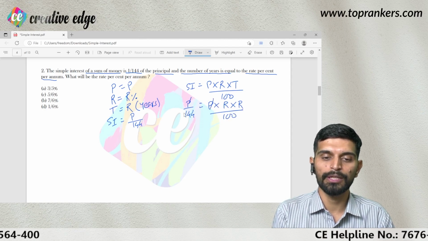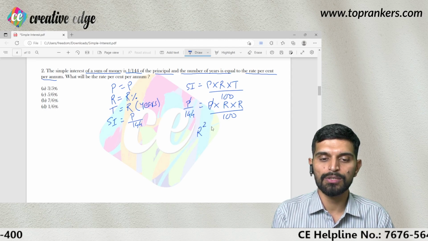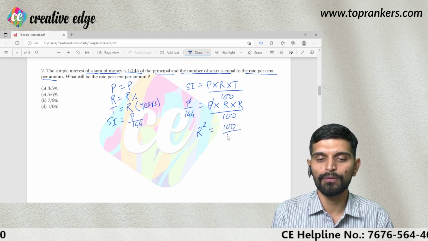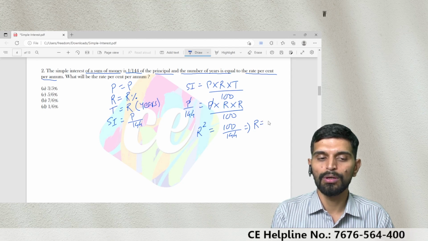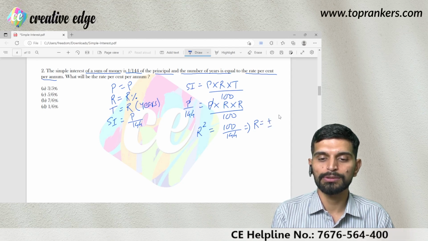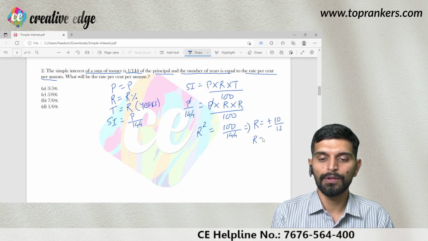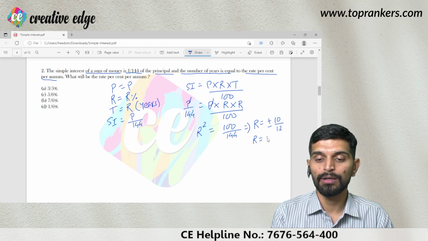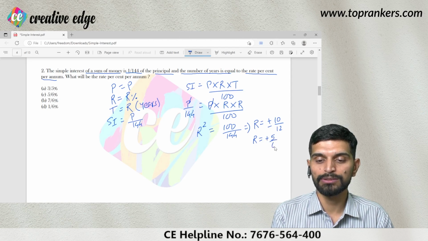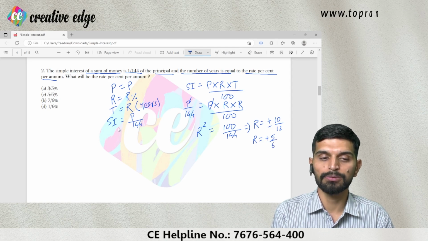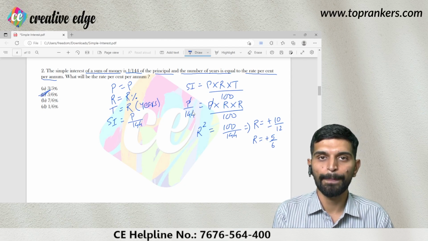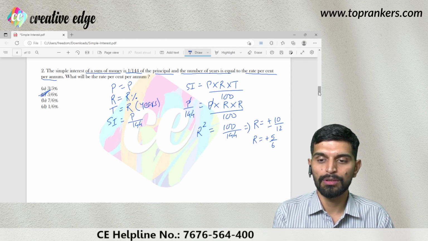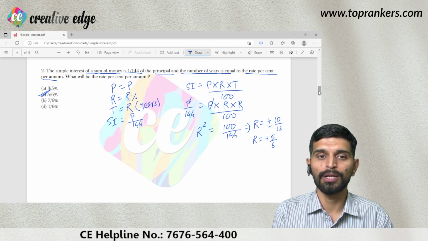This P and P are cancelled. So we'll have R square is equal to 100 upon 144. That gives you R is equal to plus minus 10 by 12. We'll be discarding the negative part, and that will be plus 5 by 6. So 5 by 6% is the answer. Clear? I hope this is better understood with this particular example.